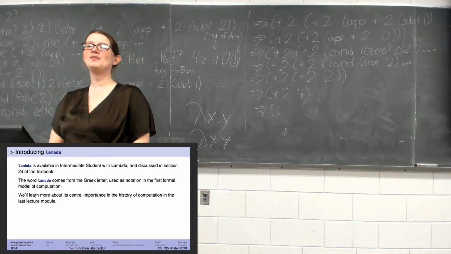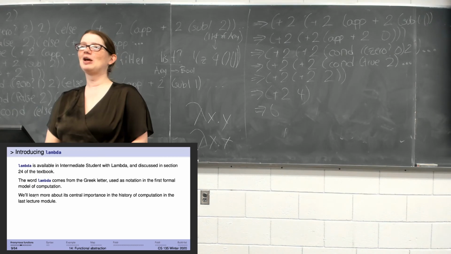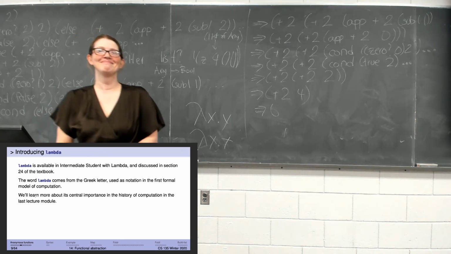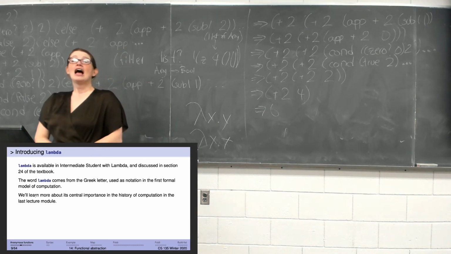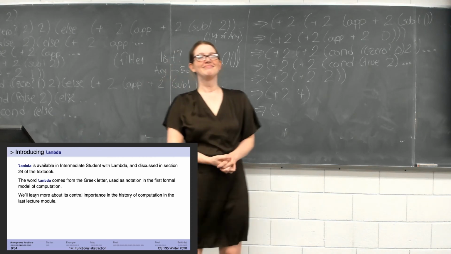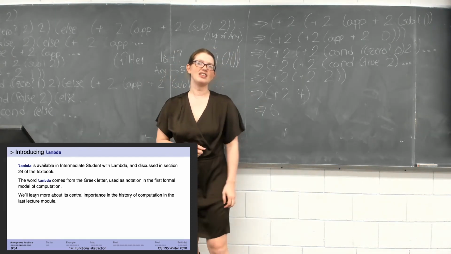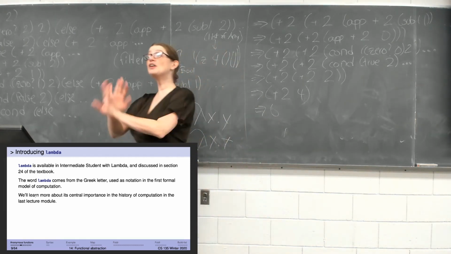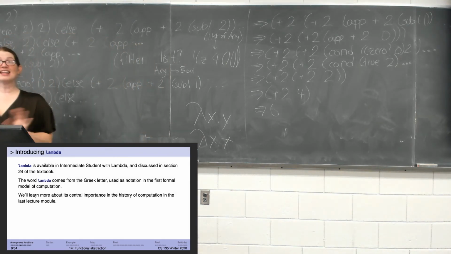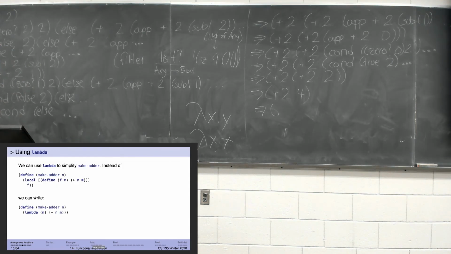Unlambda, by the way, is an obfuscated functional language. You can look it up, but I warned you. It doesn't make any sense. It's just a bunch of S's and K's and things like that. It's obfuscated, which means a human can't actually read it. It's a fun course anyway, so if this stuff interests you, I highly recommend that course. But anyways, that's where the name Lambda actually comes from.